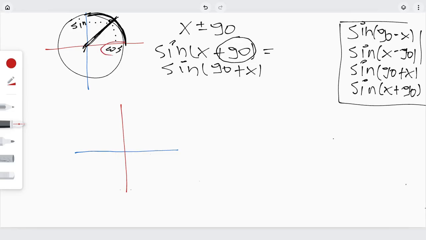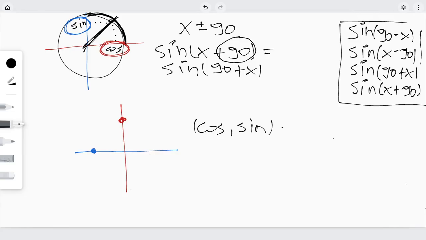Now if you imagine that this cosine here in my original drawing is attached to that red x-axis, then that cosine is now here. And if you imagine that this sine is attached to the blue y-axis, then this sine is now here. So for the original point, we had described it with a cosine and a sine. Those are the coordinates of the point.